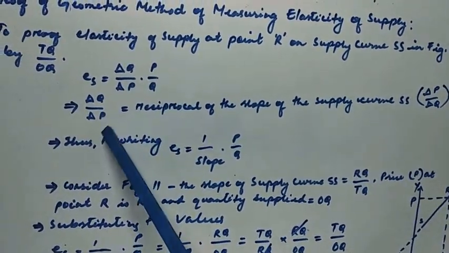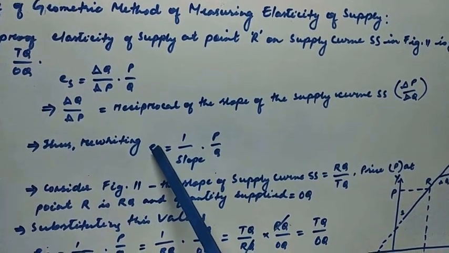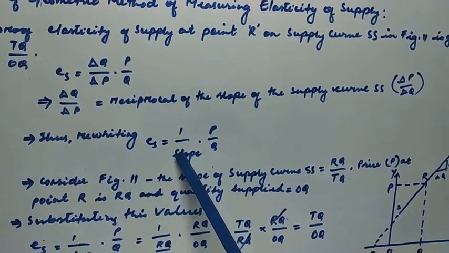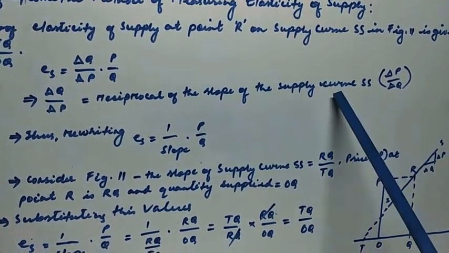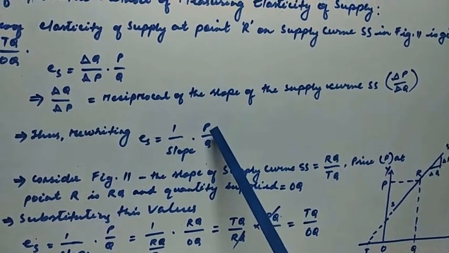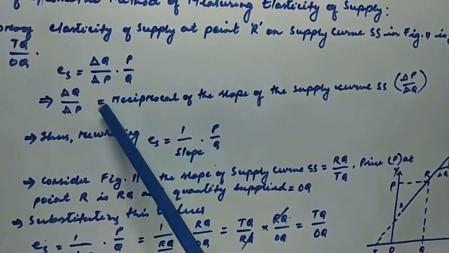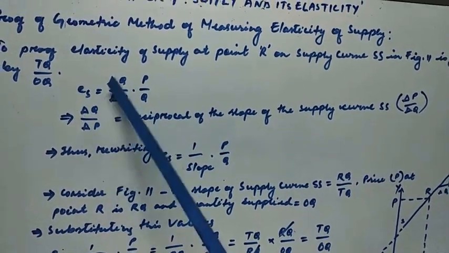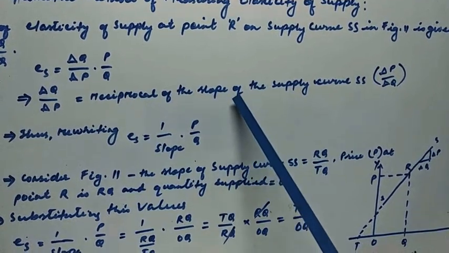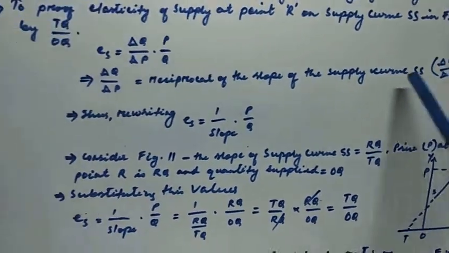We rewrite the formula as elasticity of supply is given by the reciprocal of the slope of the supply curve, into P by Q. We are rewriting the formula because this is nothing but the reciprocal of the slope, that is change in P divided by change in Q.